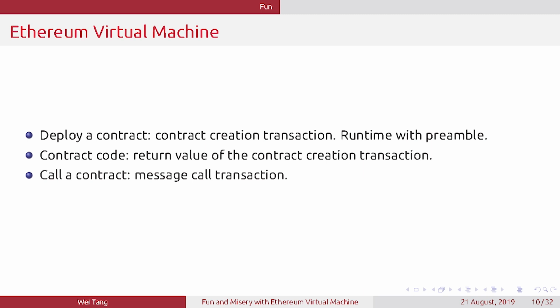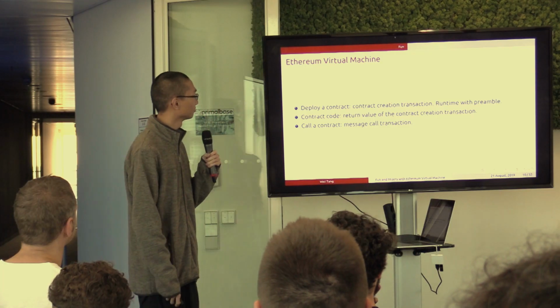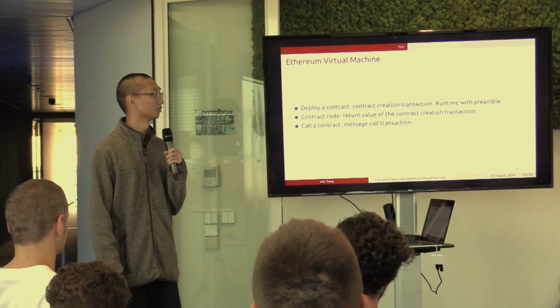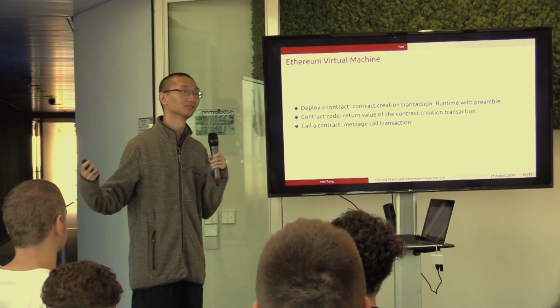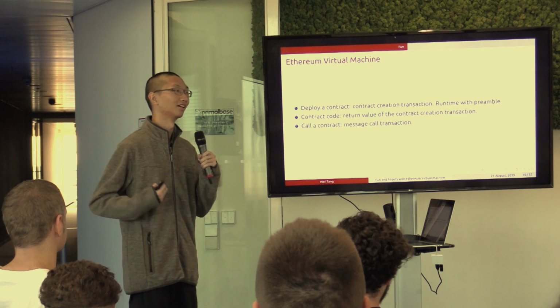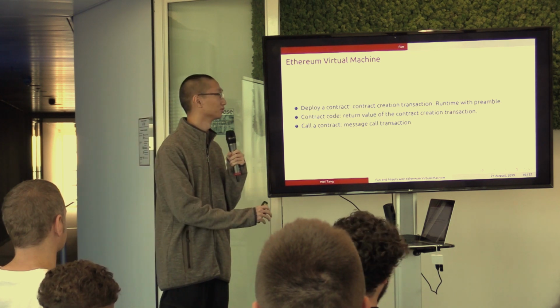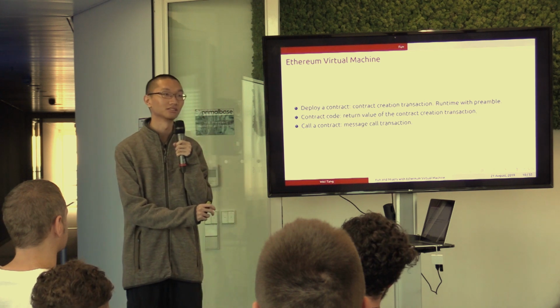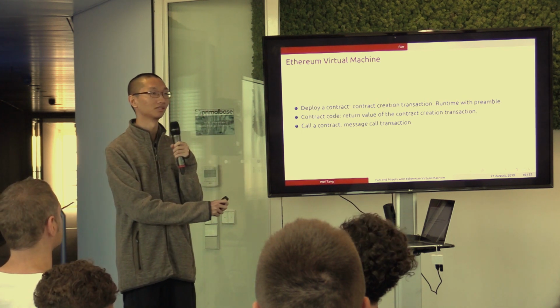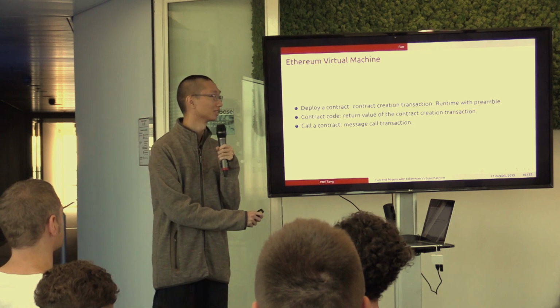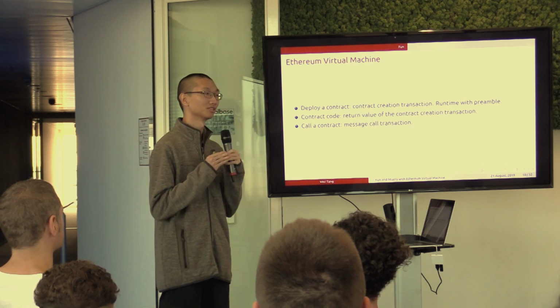So this is about data and code. For Ethereum virtual machine, when you first deploy a contract, you do a contract creation transaction. The code you provide in the contract creation transaction is a little bit different from the actual runtime code you see on the blockchain. So it's a runtime with a preamble.